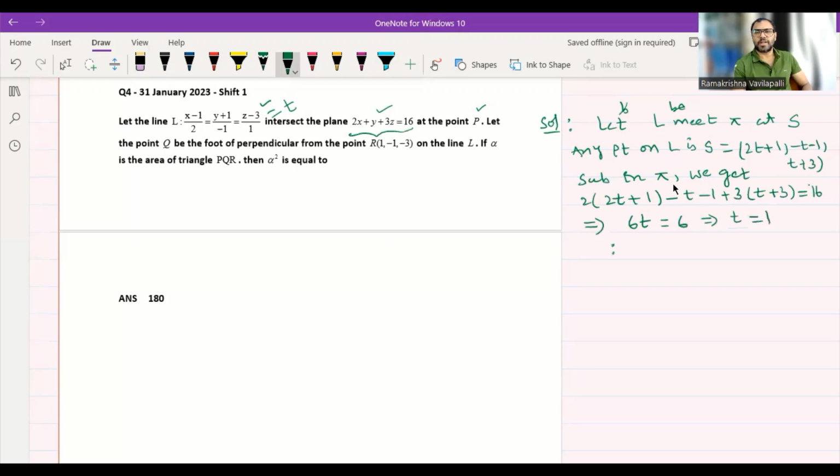So therefore, the point of intersection of the line and plane, P. Here they have given already P, these are the coordinates of P. So P equal to, substituting t value, you will get 3, minus 2 and 4.